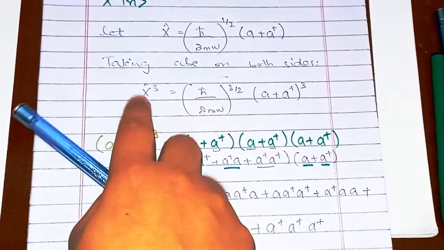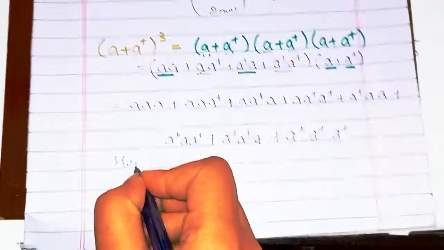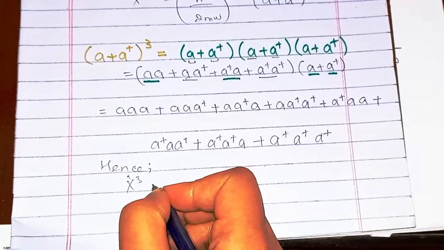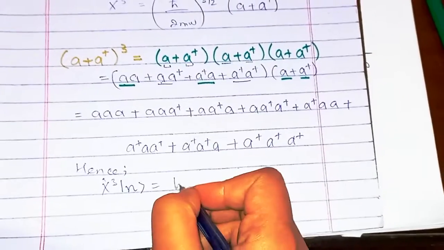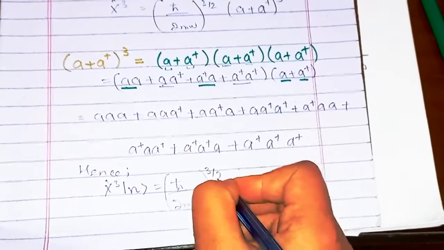Now let's put this value into this expression, and we'll then have this situation. Hence x cube is simply equal to, or we can write this ket on the right hand side as well, (ħ/2mω) whole power 3/2.